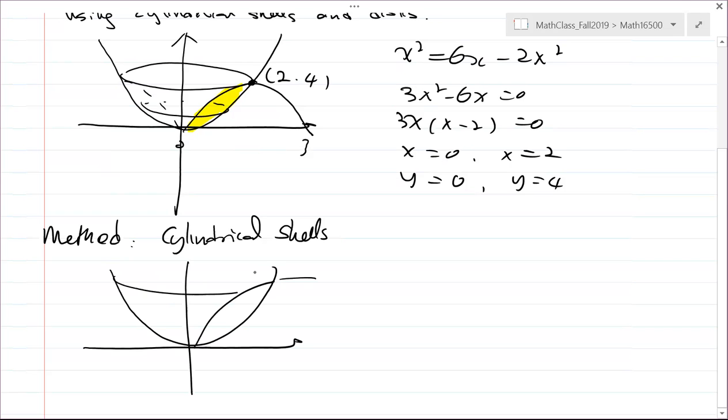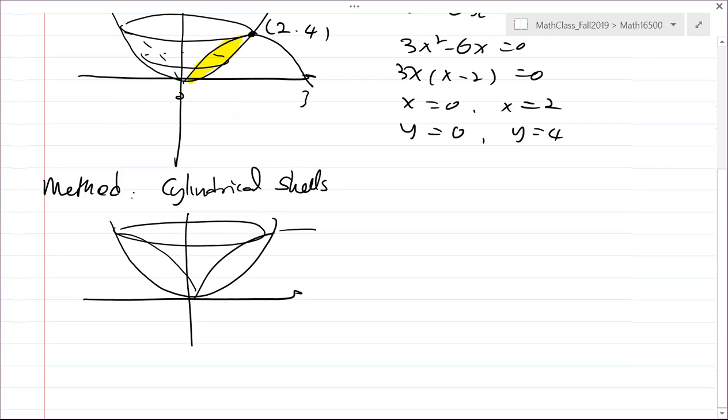Okay, so this is okay. All right. So with cylindrical shells, the axis of the cylinder is going to be the y-axis. So you use a circular knife to cut it, and this is the cut piece here.